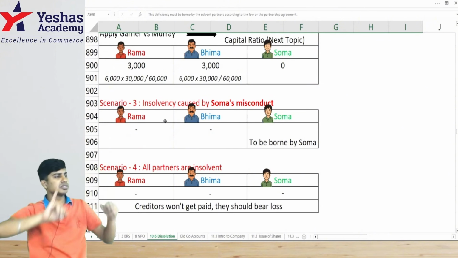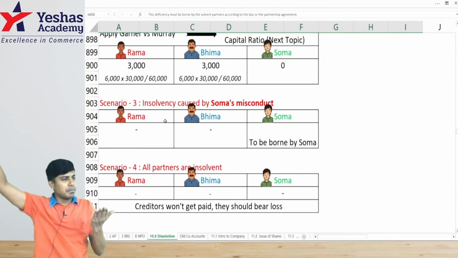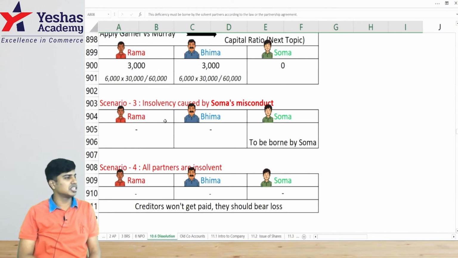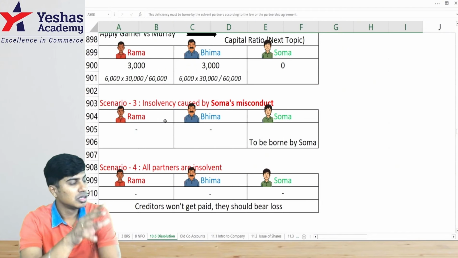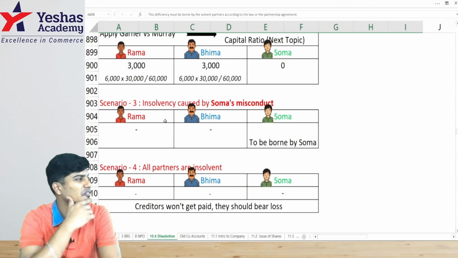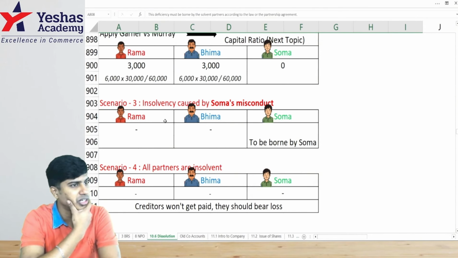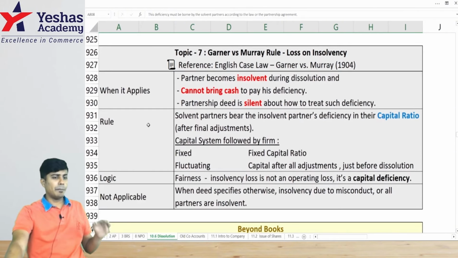But if Soma becomes insolvent because he did gambling, he did Dream11, he did some gaming app, wasted all his money, he played Ludo, he played online rummy, then Rama and Bhima will not bear Soma's loss. Insolvency of a partner is borne by the solvent partners if it's not because of willful misconduct or breach of agreement. Understood? Then we went into topic 7.